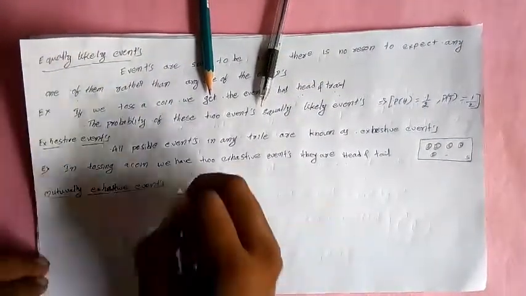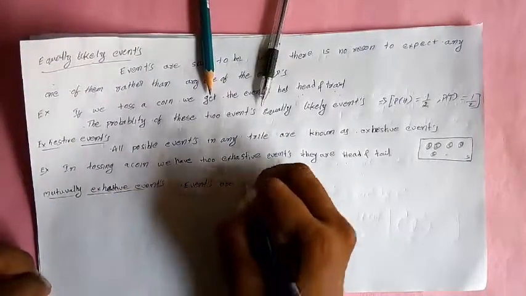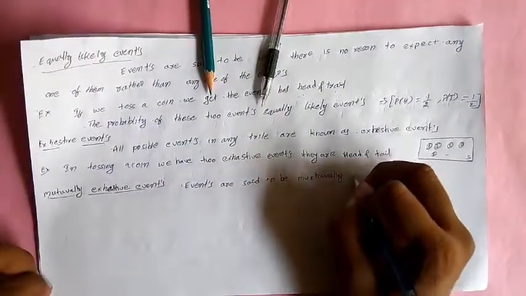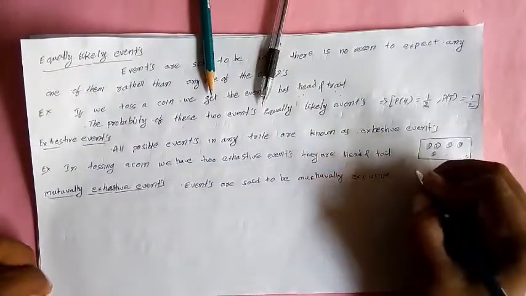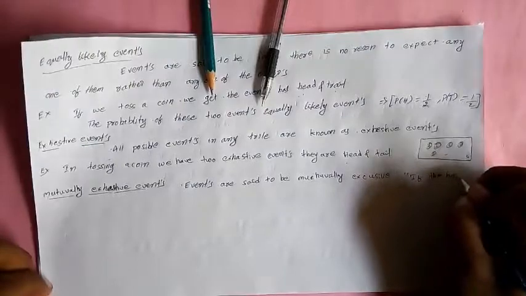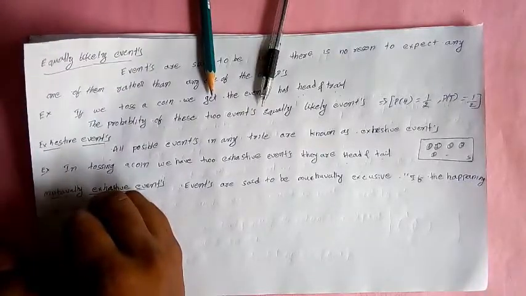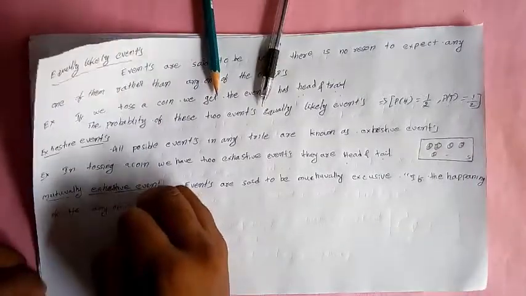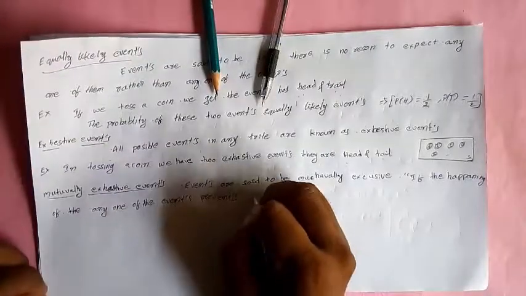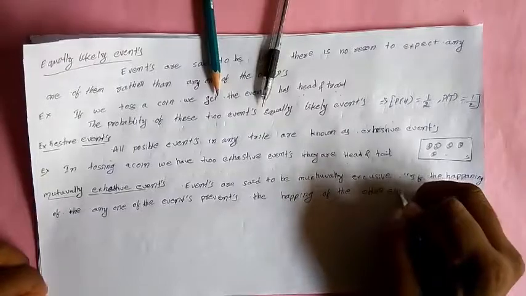Events are said to be mutually exclusive if the happening of any one of the events prevents the happening of the other events in a trial.